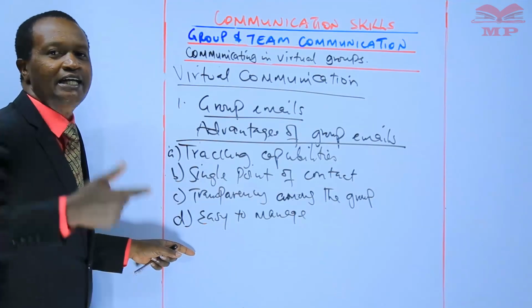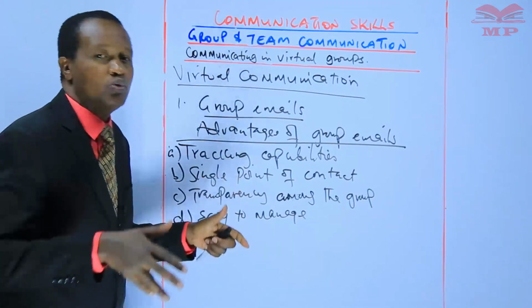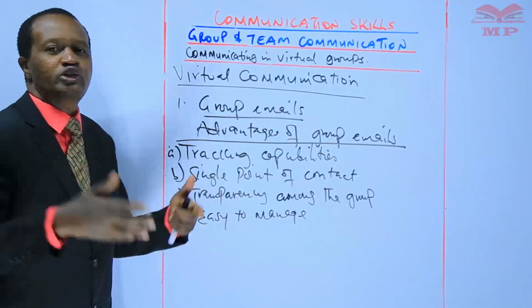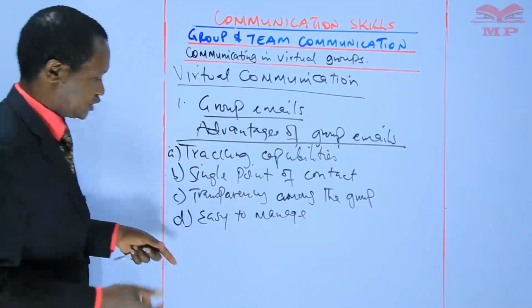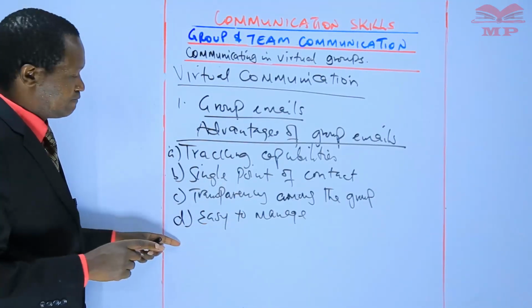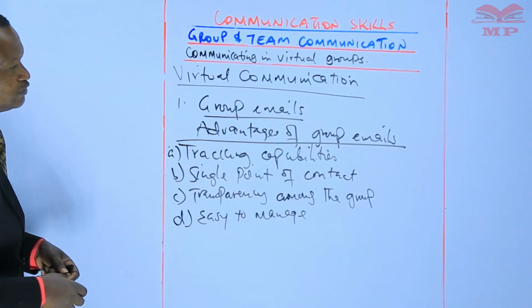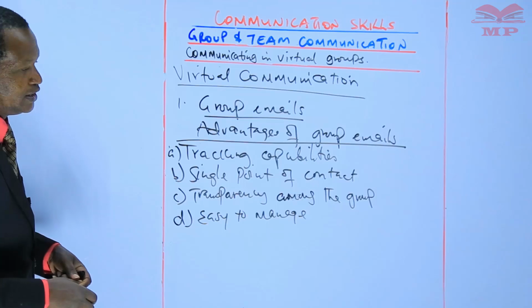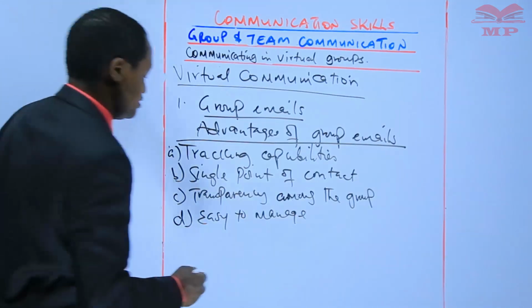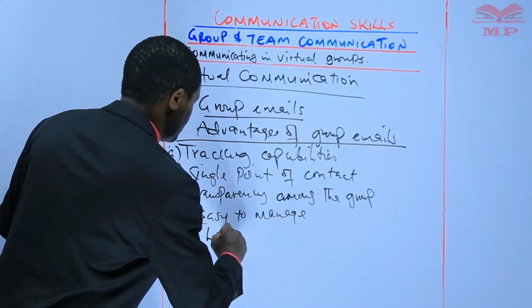And a dedicated link can then be distributed to a wide group of people who can decide to join the group or not. And that becomes very easy to manage the group. So these are some of the advantages of group emails. Let's now have a look at the limitations.